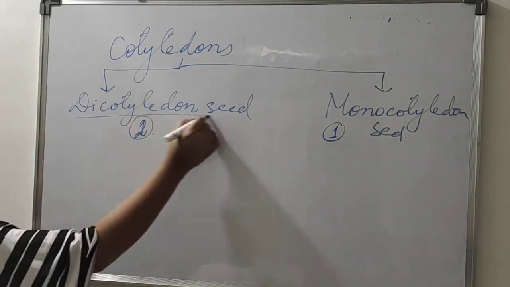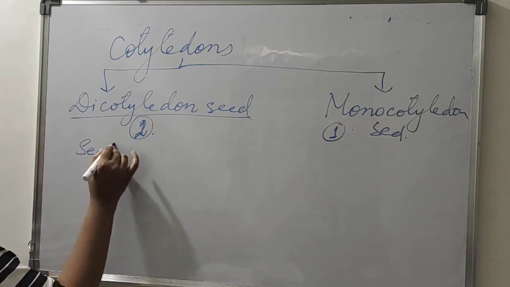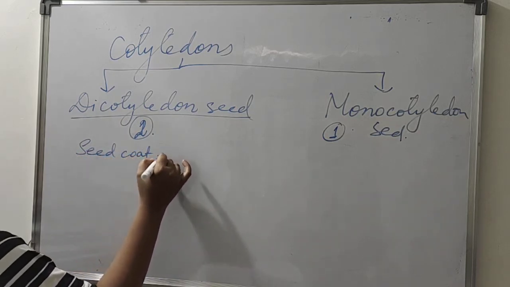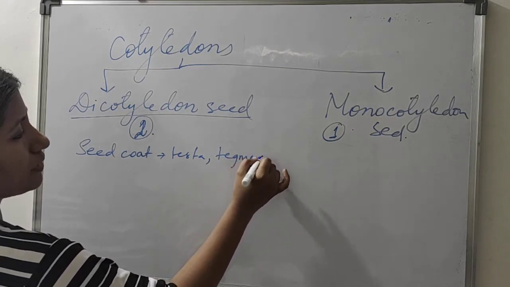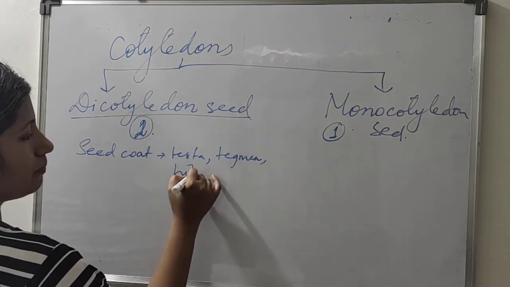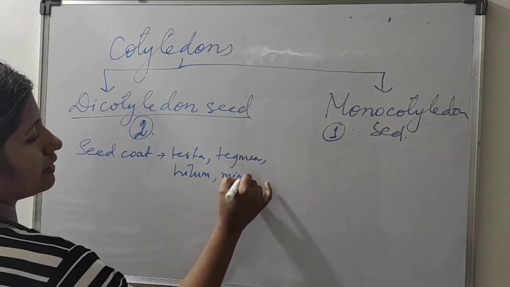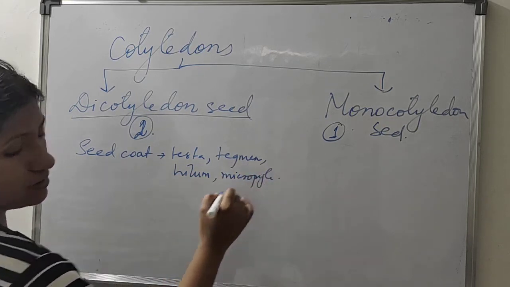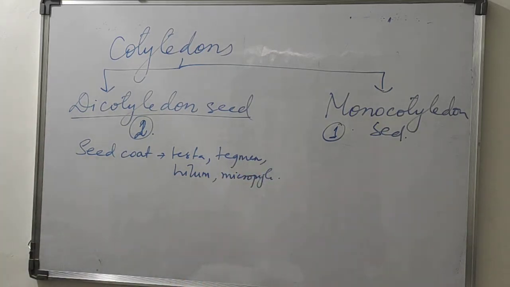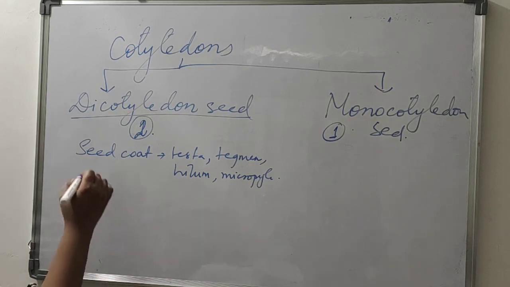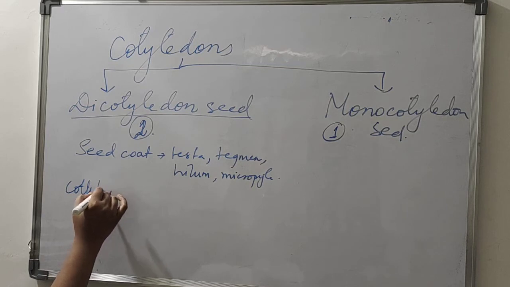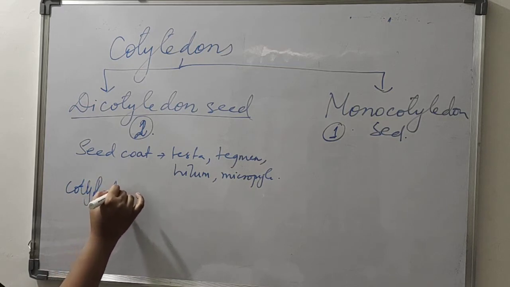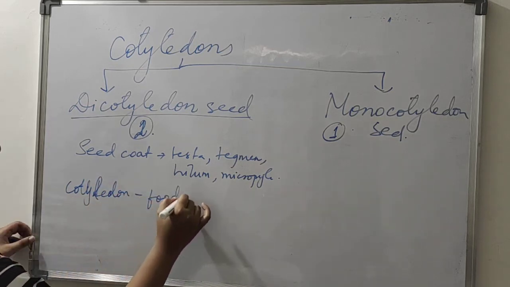This kind of seed has a seed coat having testa, tegmen, we have seen these parts, and hilum and micropyle it has. And the cotyledons act as the food reserves.